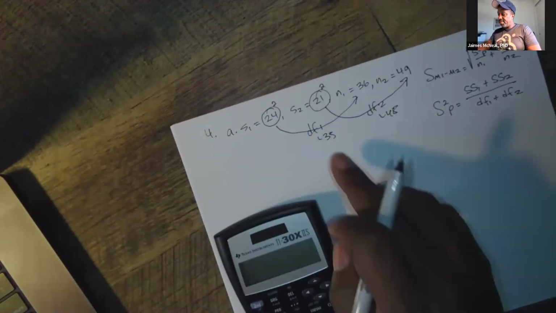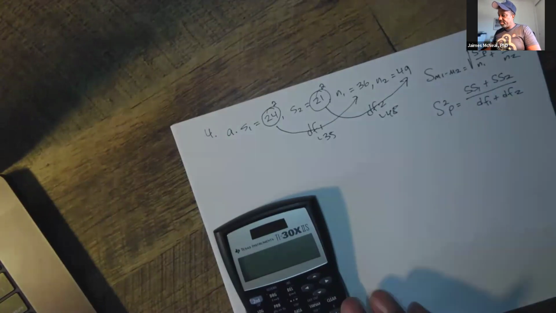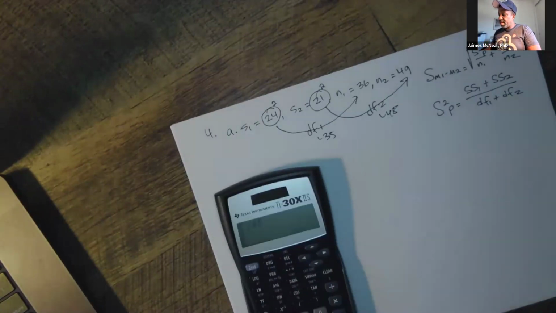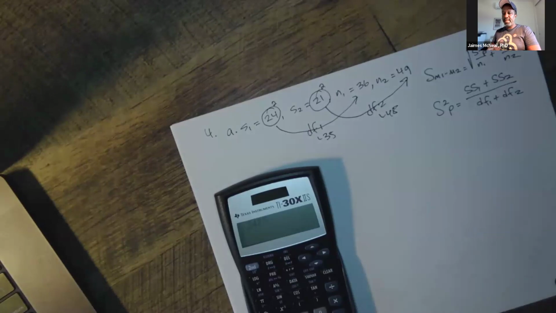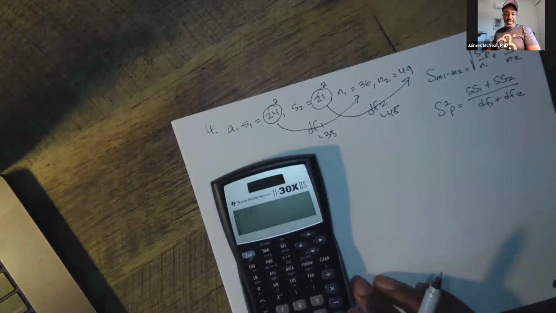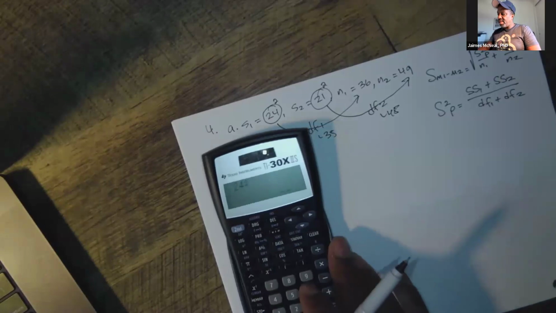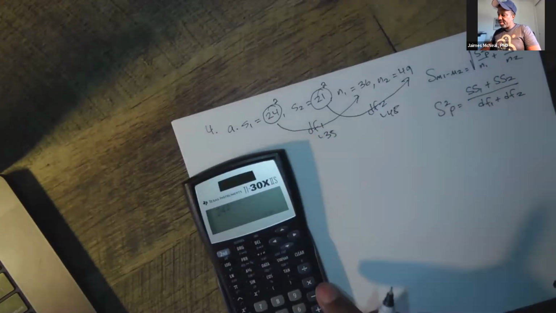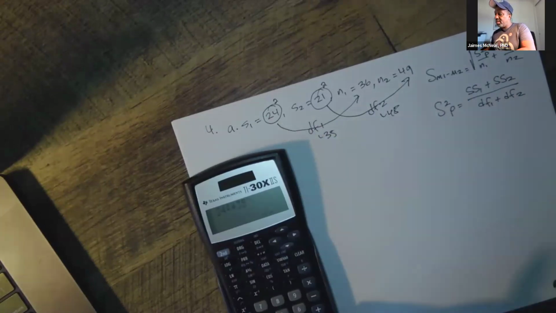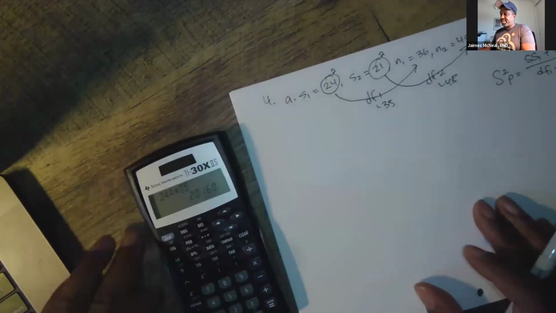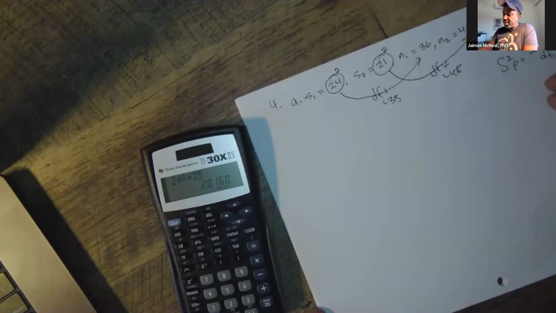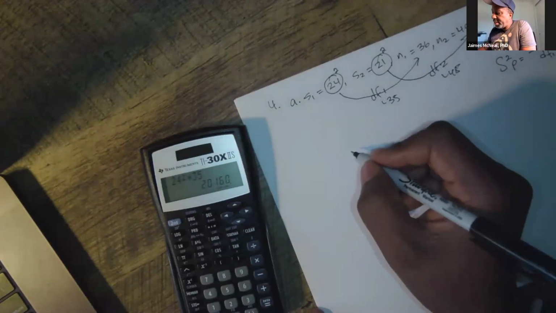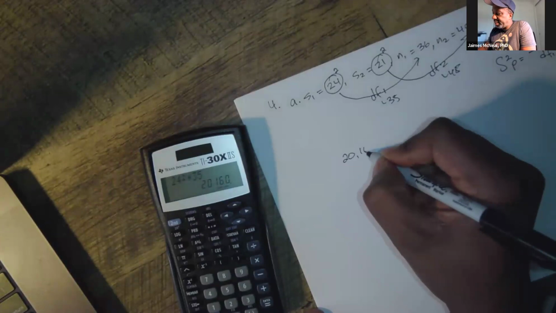So keep in mind, we start with 24, and then square it. That's what we just did there, right? And make sure you can see the calculator, 24 squared. And then we multiply it by 35. So the sum of squares 1 is 20,160.